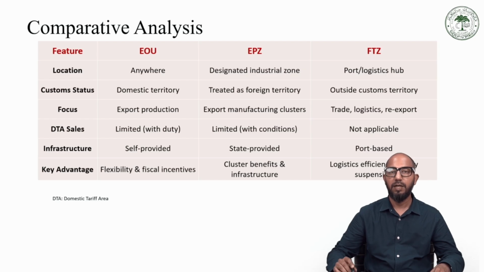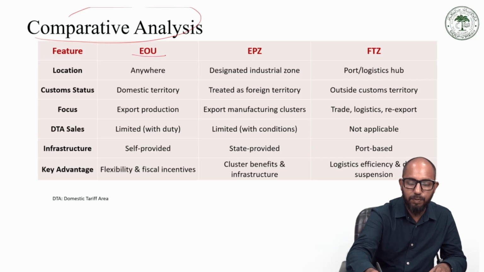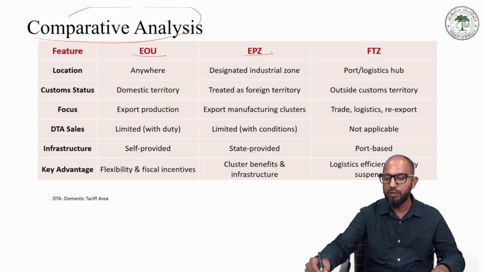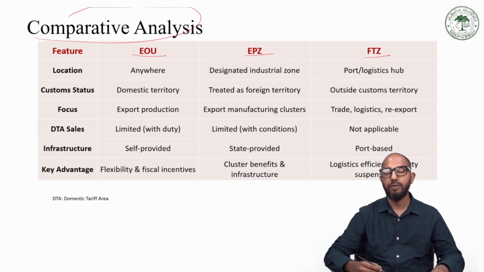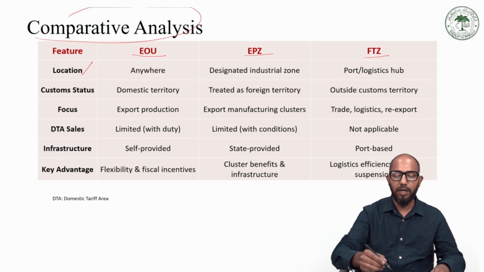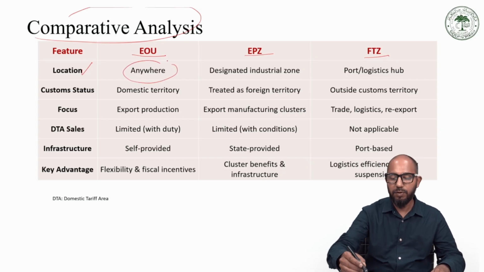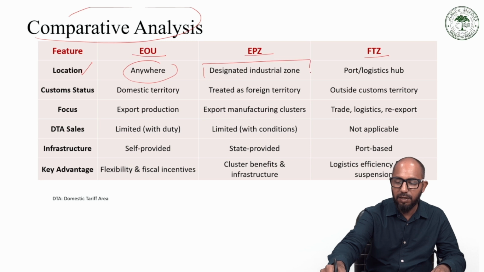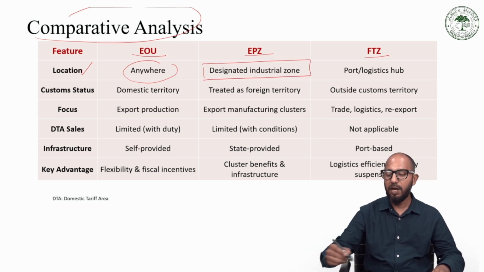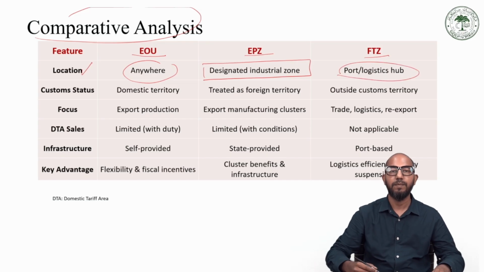Dear students, let us try to have a comparative analysis of export-oriented units, export processing zones, and free trade zones. With respect to location, EOUs can be anywhere in the country, while export processing zones are certain designated industrial zones that are decided by the government, and free trade zones are at ports or logistics hubs.